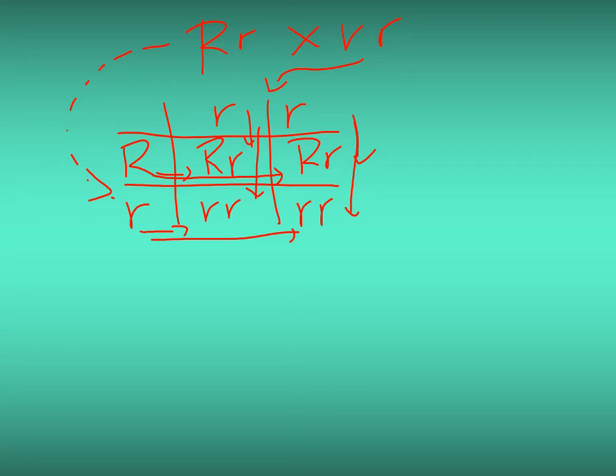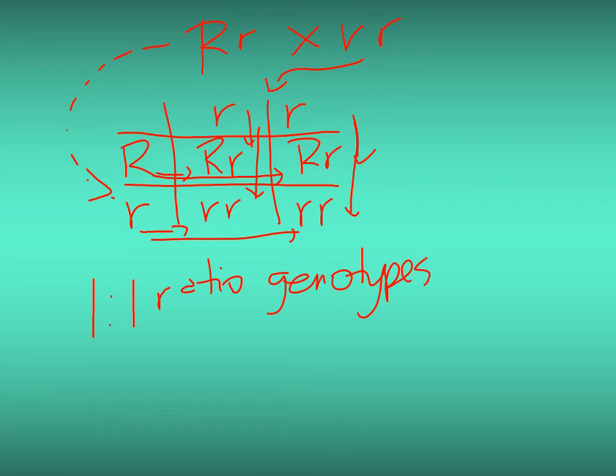So first off, genotypes. We have two possible genotypes. It's a 1-to-1 ratio of genotypes, which are big R, little r to little r, little r. The phenotypes are also the same. It's also a 1-to-1 because these are two different phenotypes.